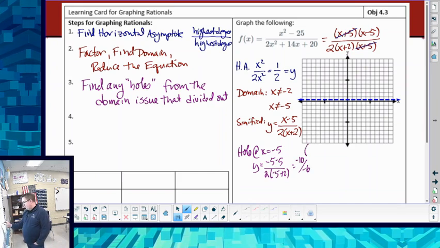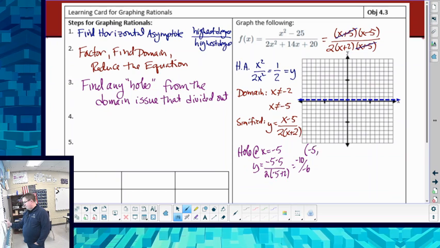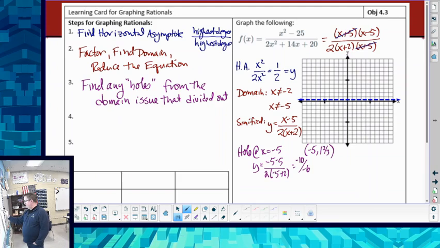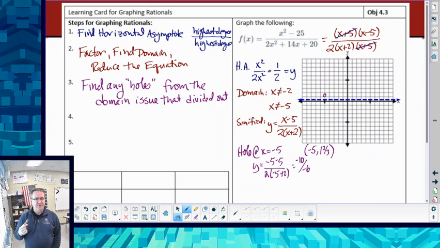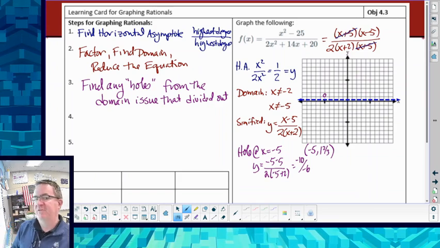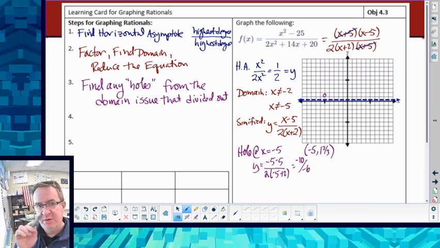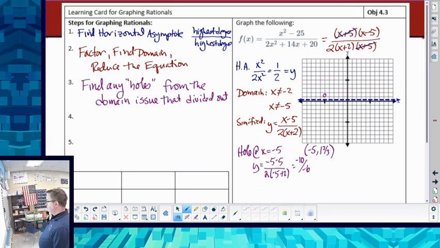So I'm going to have a hole at -5, comma, 1 2/3. So that's going to be approximately here. Now again, we're going for a really good estimate. We're not going for perfection. I would be fine if it's between 1 and 2. Your teacher may vary.